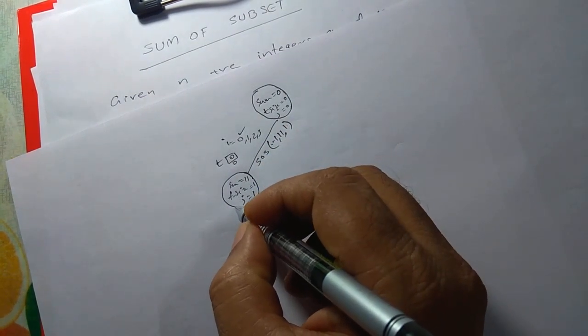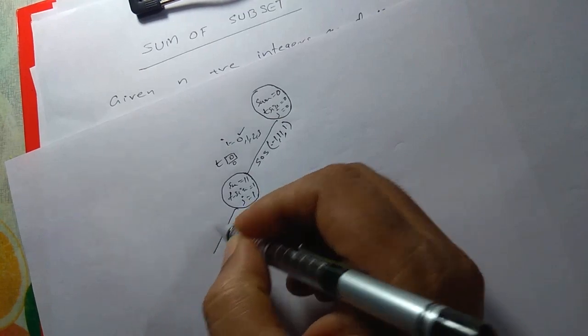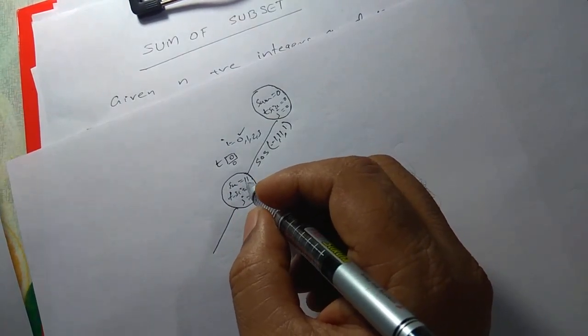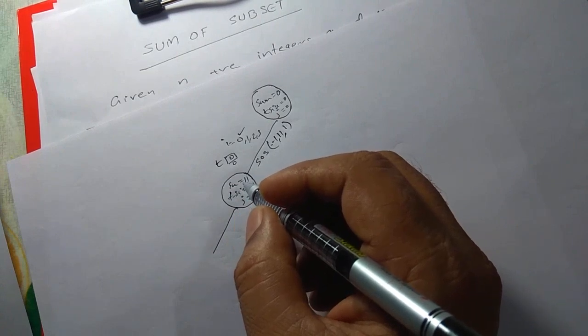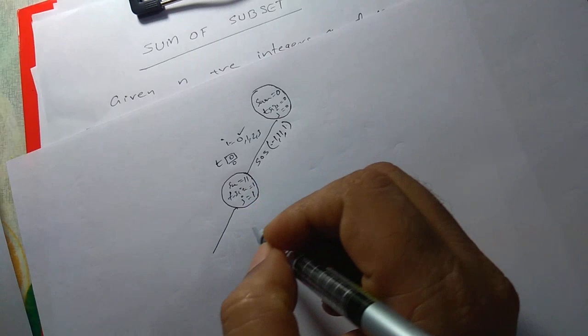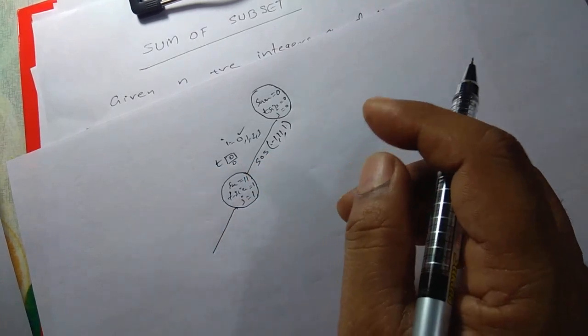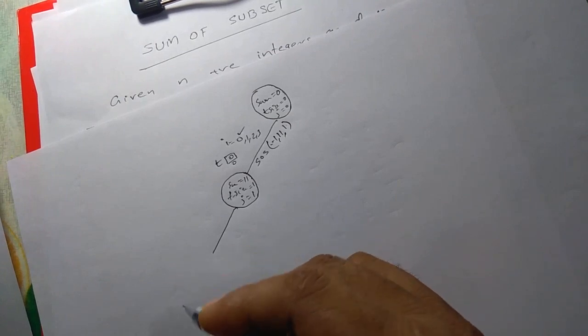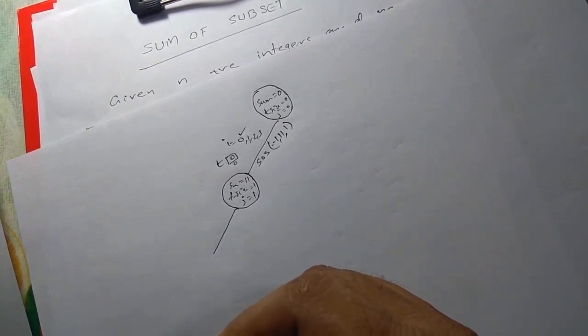Okay, inside this, what does it have to do? It has to check whether it has met the target sum. It didn't meet the target sum, so create the next level and descend to the next level.